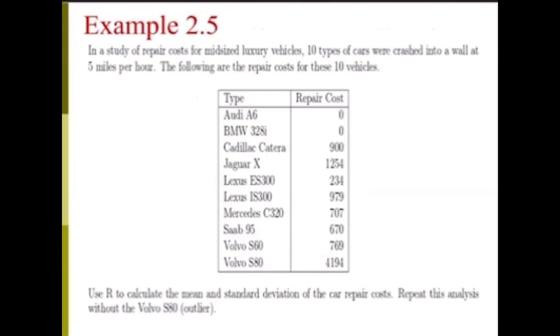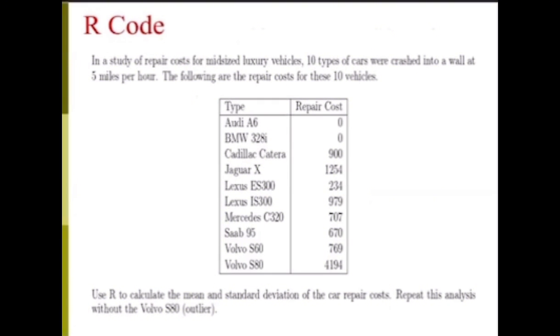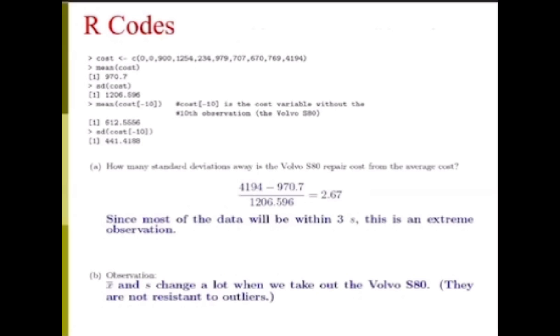Now, take a look at this data set. This is repair cost on luxury vehicles. We use R to find the mean and the standard deviation, and we want to compare the cost we spend on a particular vehicle, the Volvo S80.